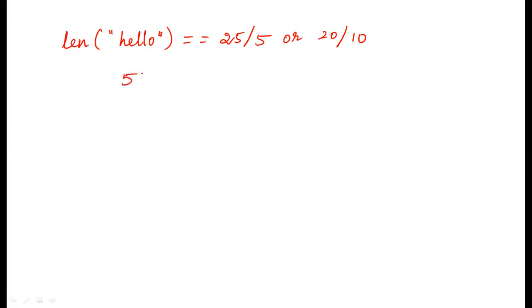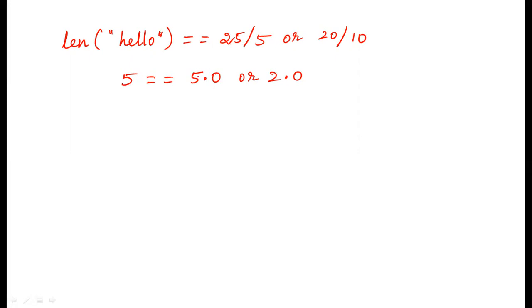So it is 5 equivalent to, what is the next operator that you have to work? It is the arithmetic operators, the division symbol. So 25 by 5, which is nothing but 5.0, or 2.0. So here is a relational operator, 5 equivalent to 5.0, it is true.